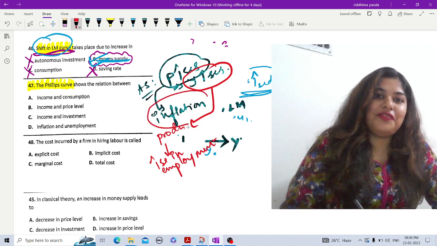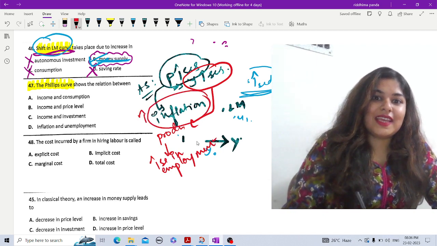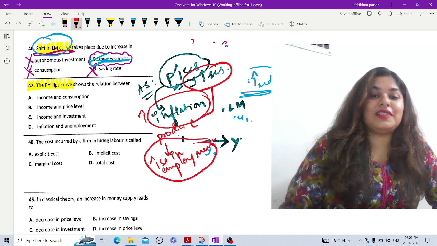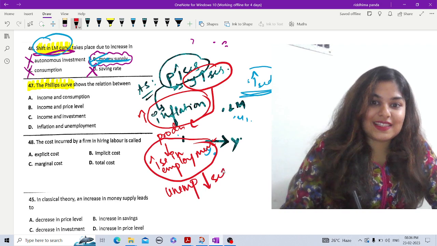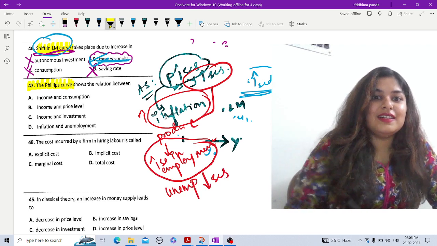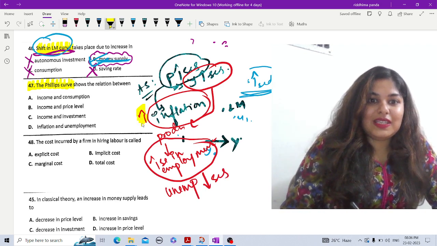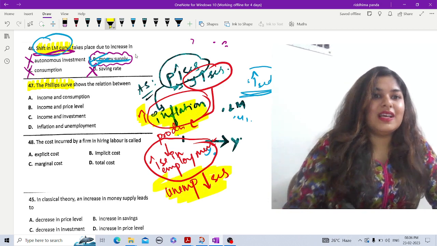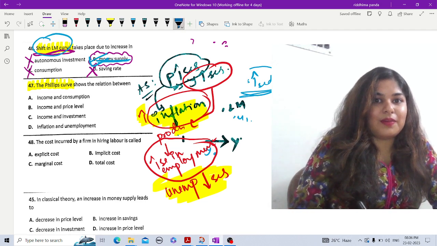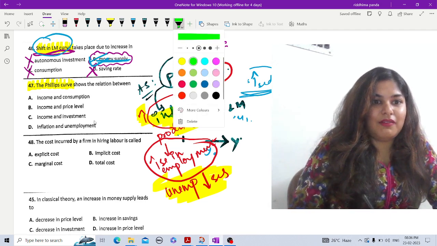So inflation increases, employment increases, which means unemployment decreases. So here we get a negative relation between the inflation rate and the unemployment rate. That is, as there is inflation, unemployment decreases. So from here, I can mark my answer as the following.